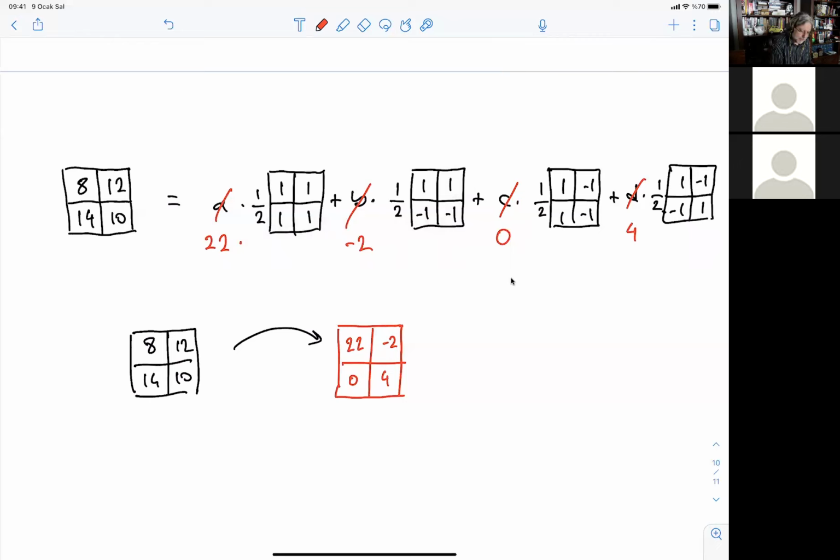Excuse me. Actually it's -4. Is it -4? Yeah, it is. 18 minus 26 is -8. Over 2 is -4. That's right. So let me correct it. It's -4.